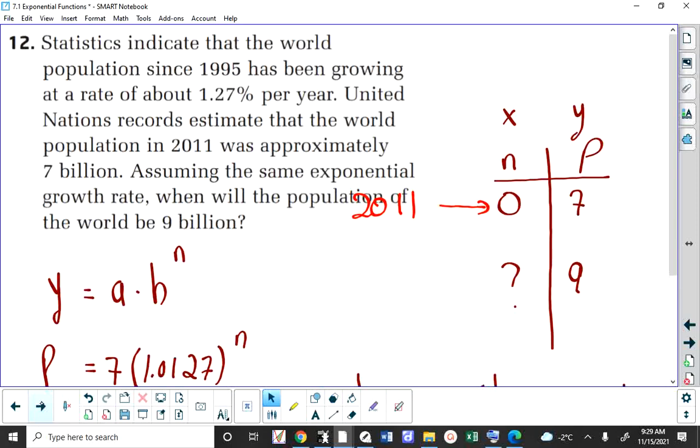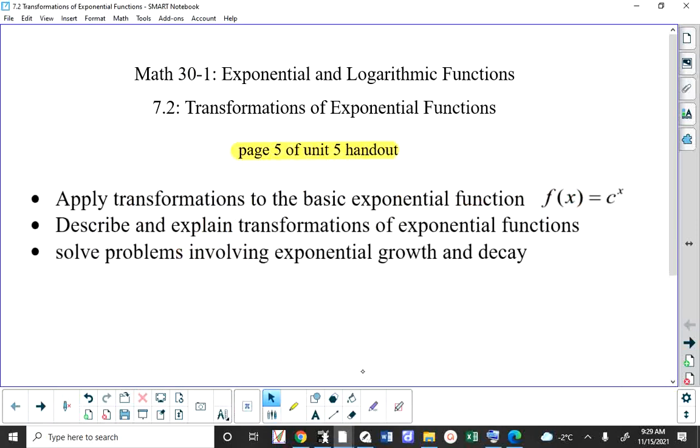All right. So we're going to look at the next lesson in this unit, which is on page 5 of your unit handout. All we're going to do today is look at transformations of the basic exponential function y equals c to the x, or y equals b to the x. And then we're going to delve a little bit deeper into applications.